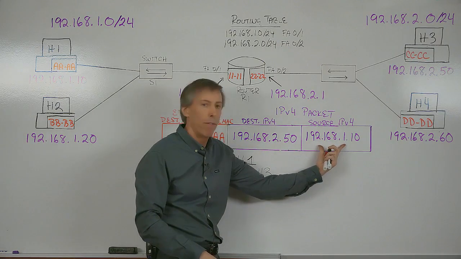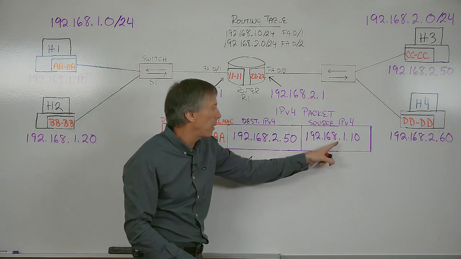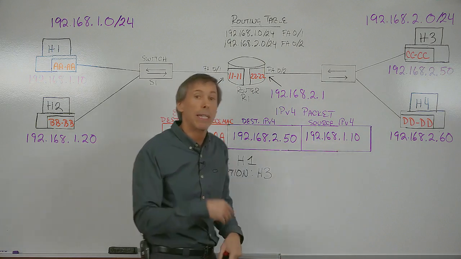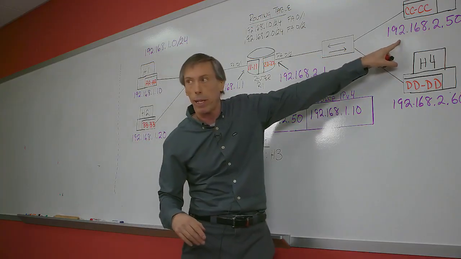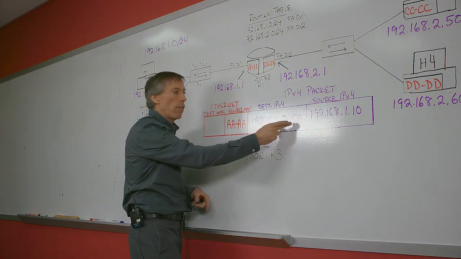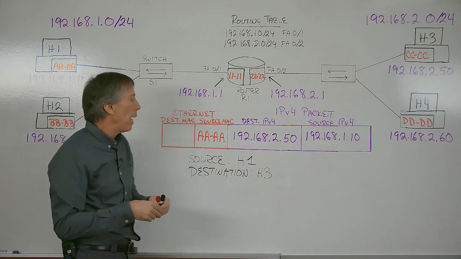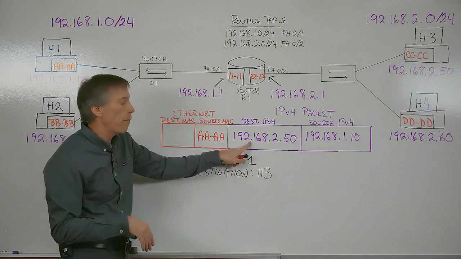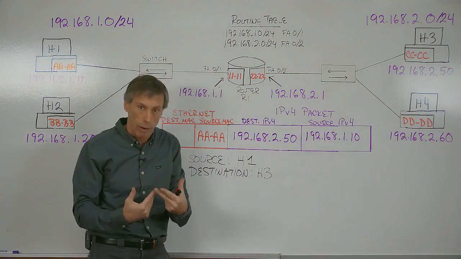The source IPv4 address is its own IPv4 address, 192.168.1.10. The destination IPv4 address is the final destination, that of H3, at 192.168.2.50.